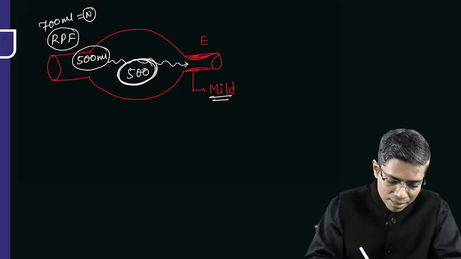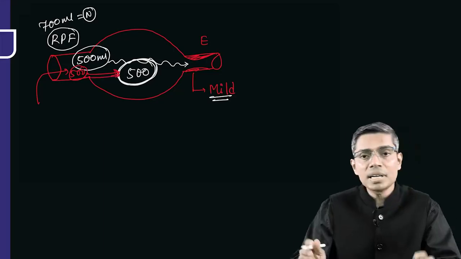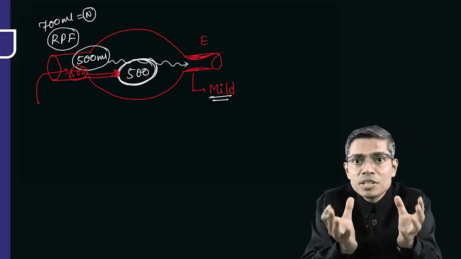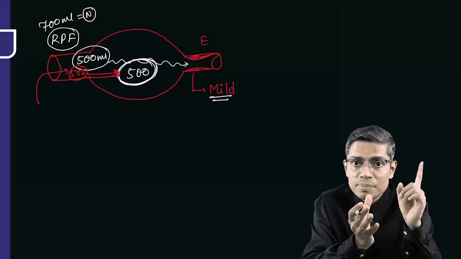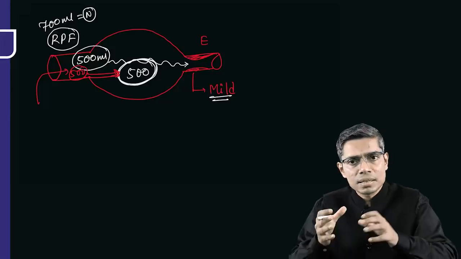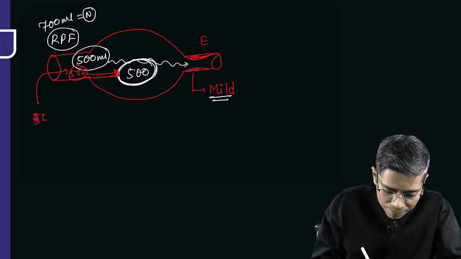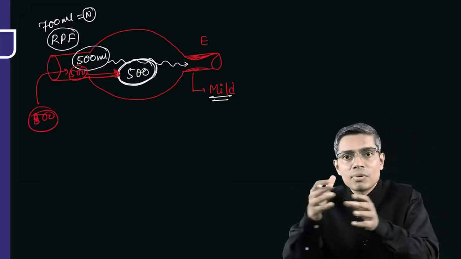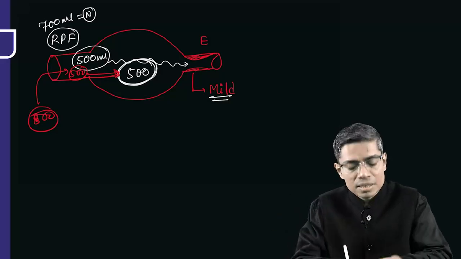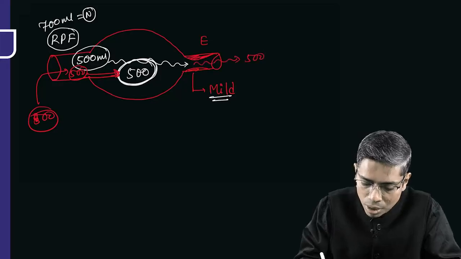So what will happen? In the second minute, another 500 ml of plasma will reach here. Okay. So already approximately 500 ml of plasma is waiting there from the first minute, and in the second minute another 500 ml of plasma is coming to the level of the glomerular capillary. When the third volume of plasma, 500 ml, is reaching the glomerular capillary in the third minute, the first 500 will already go out of this capillary.